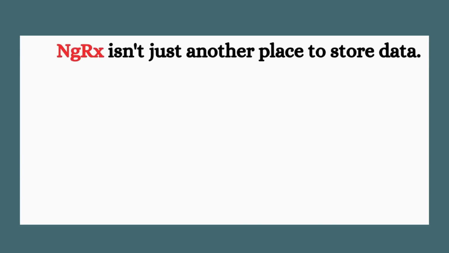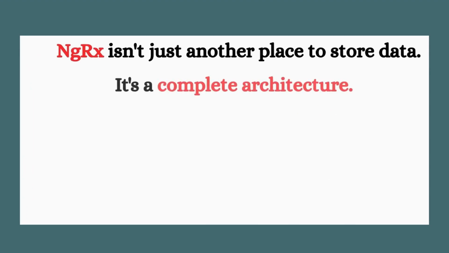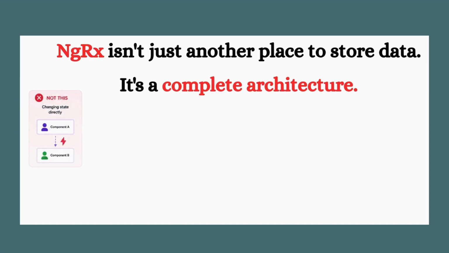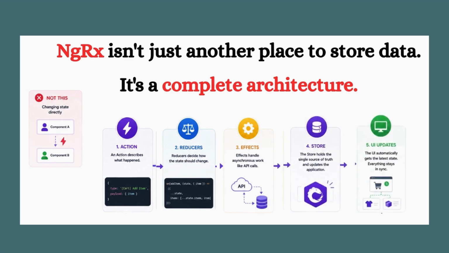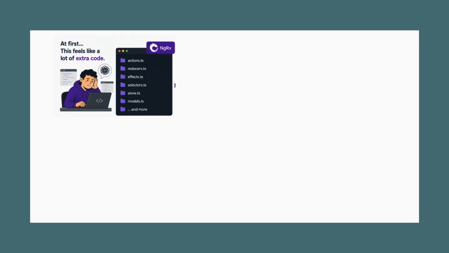NgRx isn't just another place to store data, it's a complete architecture. Instead of changing state directly, every change starts with an action. That action describes what happened, reducers decide how the state should change, effects handle asynchronous work like API calls, and finally, the store updates the application. At first, this feels like extra code, and honestly, it is.